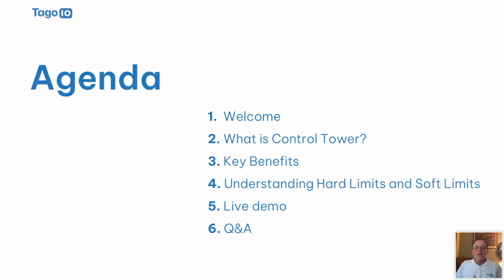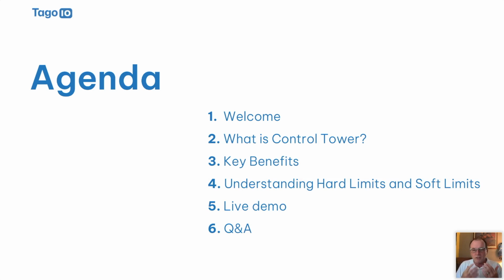So we're going to go over what is Control Tower, right? And Victor will explain what Control Tower is and its key benefits, but it's really critical for your system, for your application on Tago to really manage it at a high level, right? Victor will get into some details there, but it's a very powerful tool that is being adopted by many of our customers.